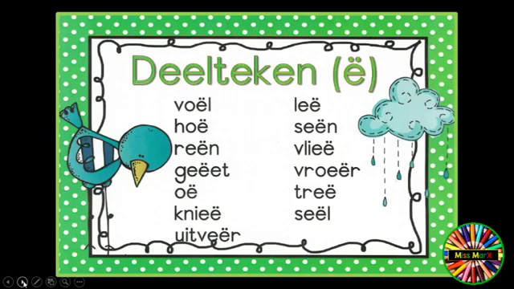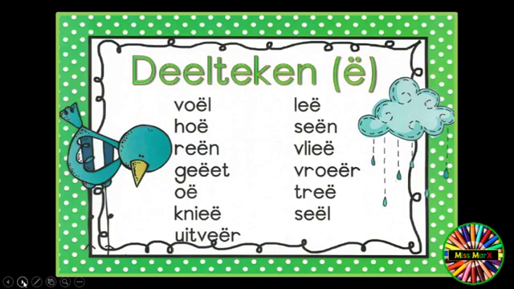Voël, a word. Hoë, that means high. Reën, rain. Geëet, ate. Oë, that means eyes. Knieë, your knees. Uitveër, which is an eraser. Leë refers to something that's empty.